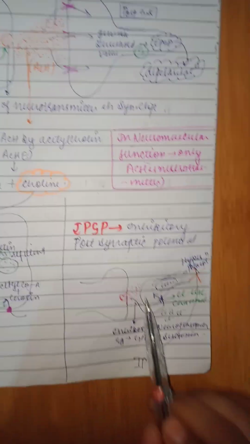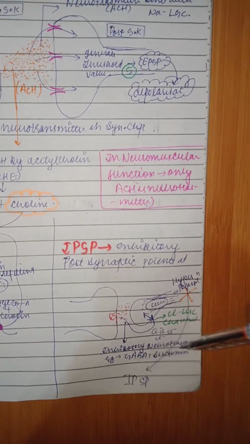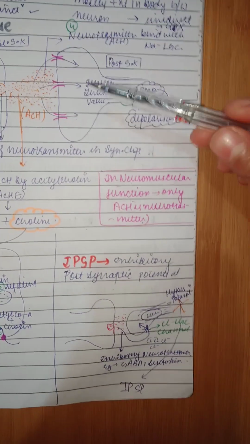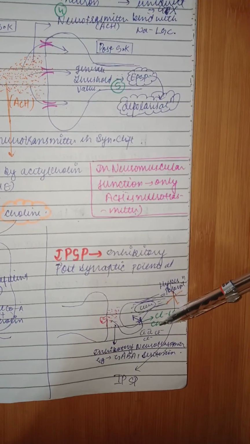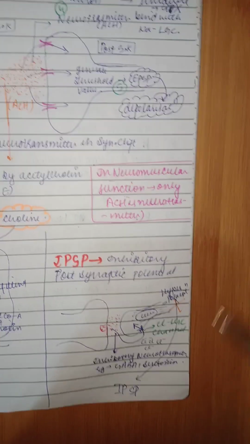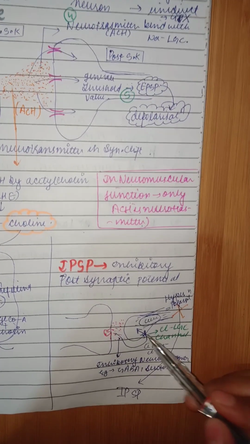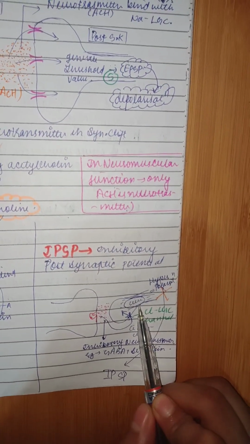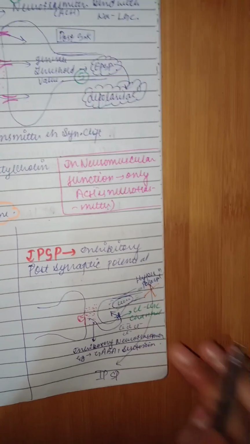In an inhibitory postsynaptic potential, the process is the same, but in place of ACh we have GABA and serotonin as inhibitory neurotransmitters, and in place of a sodium ligand-gated channel we have chloride ligand-gated channels. When the neurotransmitter comes out, the chloride will go inside, and the negative charge inside the postsynaptic membrane increases, causing hyperpolarization.